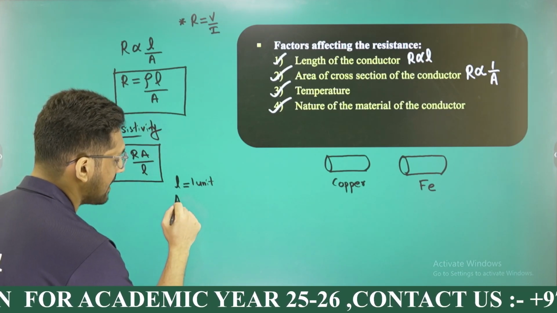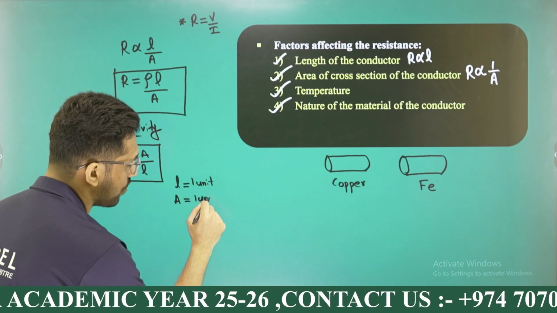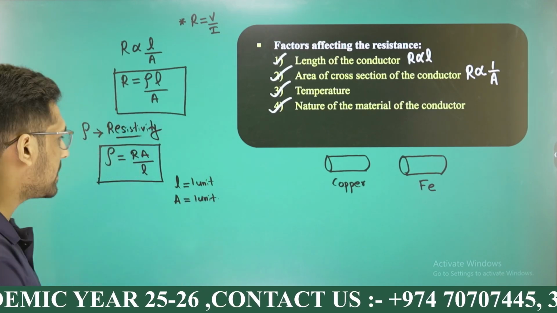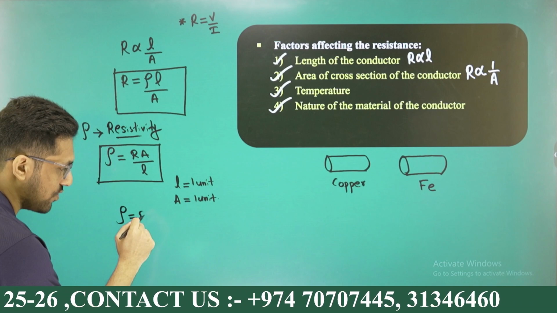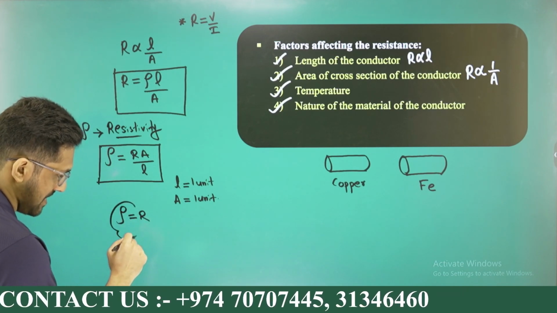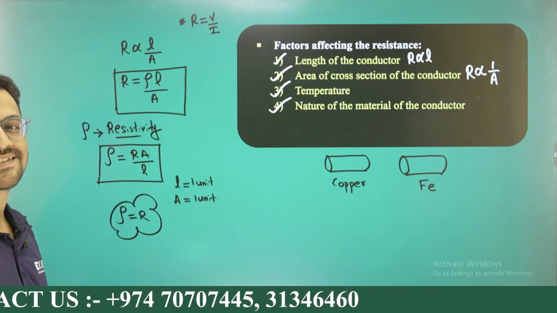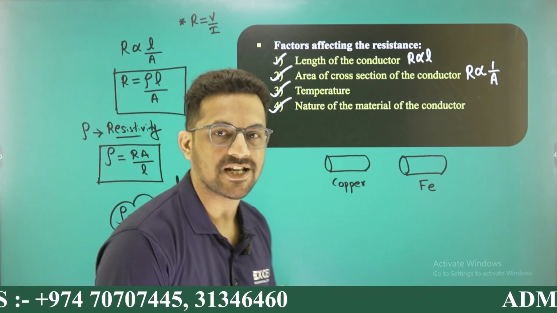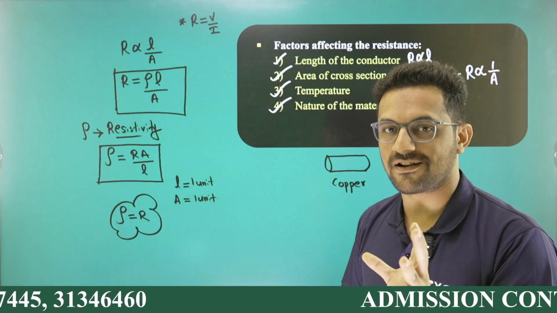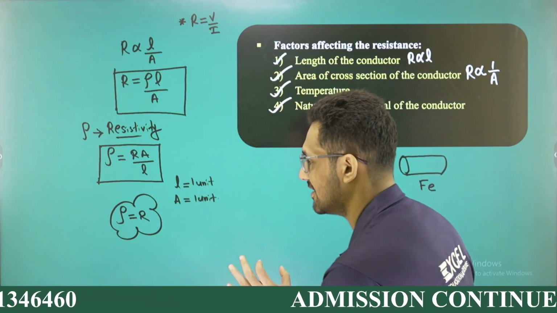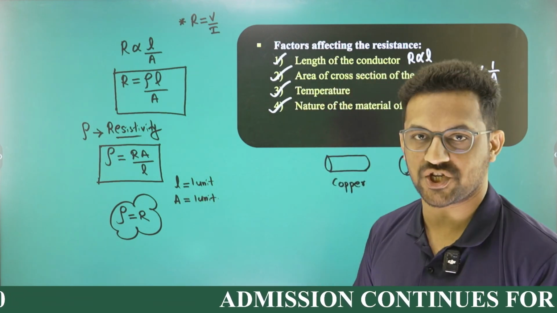Then A is also taken as 1 unit. Then this equation becomes rho is equal to R. Now you can define resistivity. Resistivity is the resistance of a conductor having unit length and unit area of cross section.